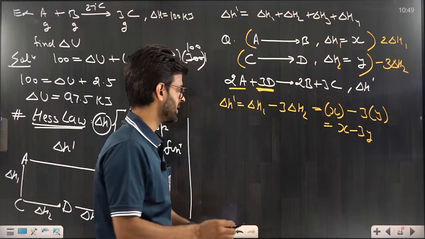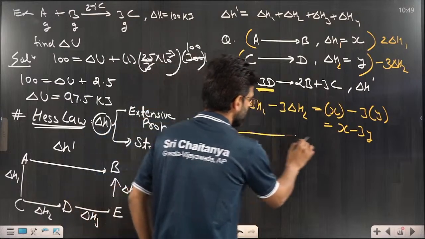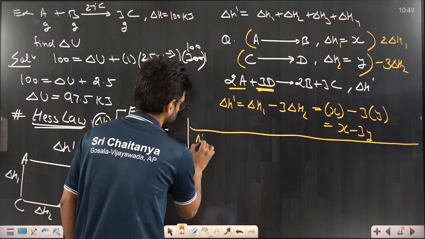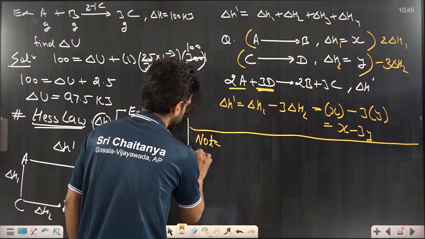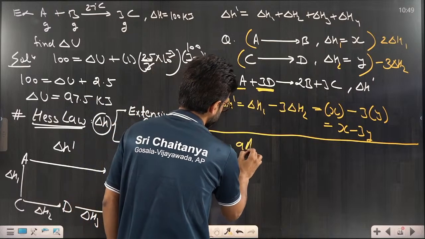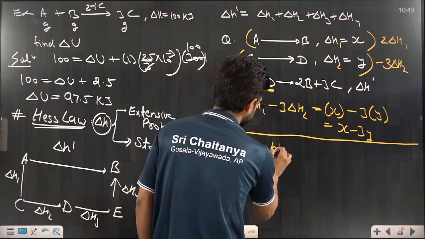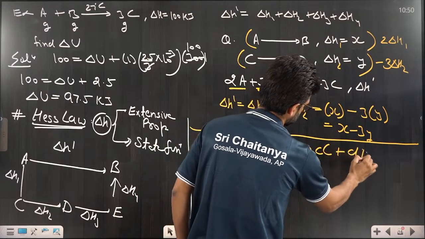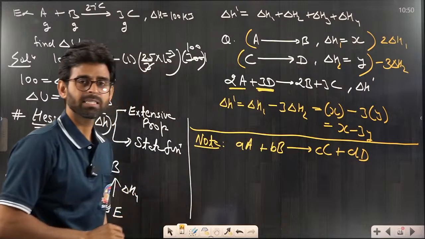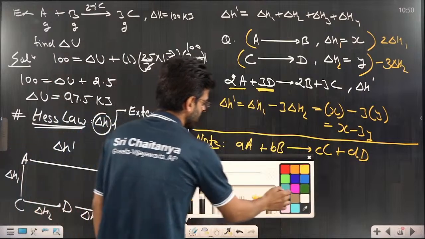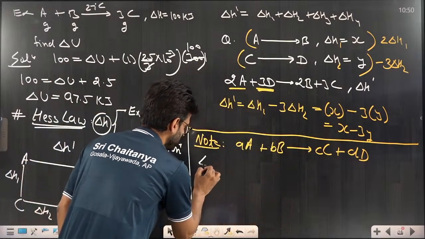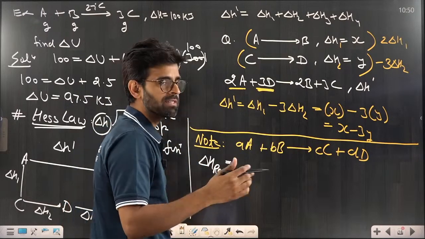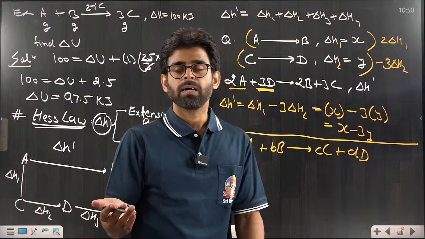One thing I will write here, very important. Imagine they are giving me a reaction: A, B, and some equation coming, C, and giving us D. Now sometimes they ask us the delta H of reaction, and they give us different things.